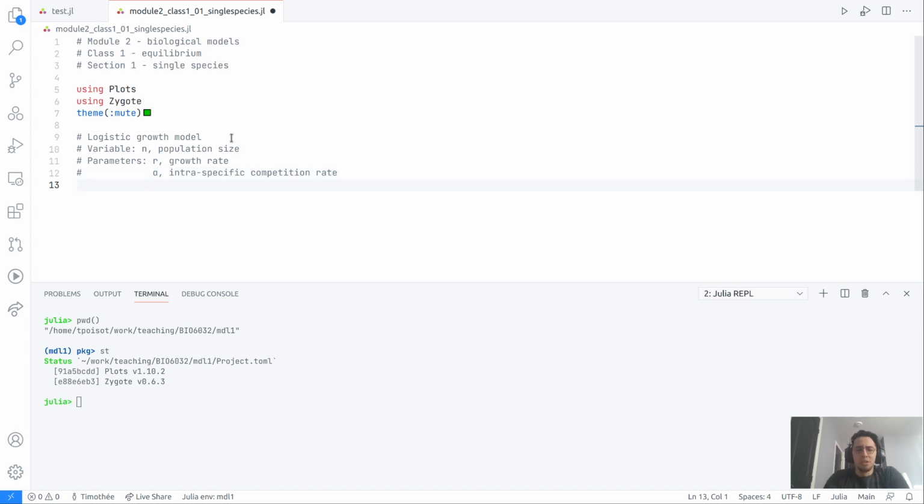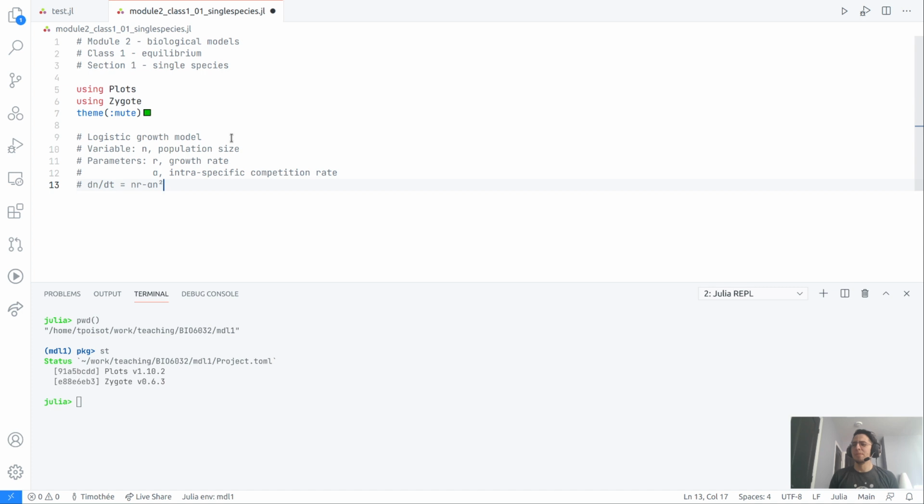So, to write the equation for this logistic growth model, I'm just going to write the mathematical notation. dn over dt is going to be nr minus alpha n squared.